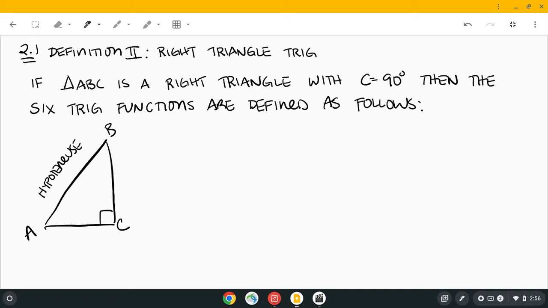If we focus on angle A, then this side here is opposite angle A, and this side over here is next to it, adjacent. So we're going to call this opposite, and this one adjacent.